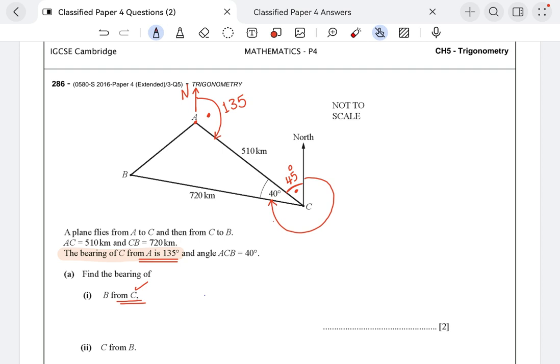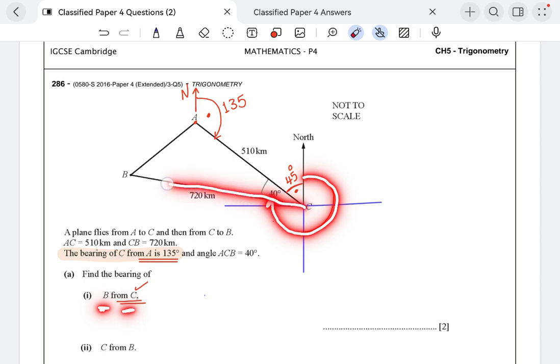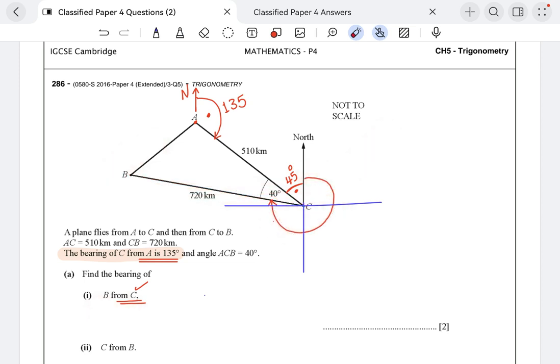Let us change the color. If you look at point C here, this line on point C is a horizontal line and here's a vertical line. The second question was to find the bearing of B from C. I said from the north direction of C, clockwise until you end up with the path that takes you to B. So you need to know the size of all this angle.